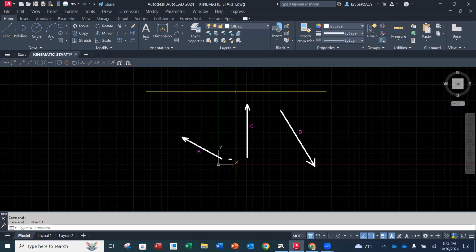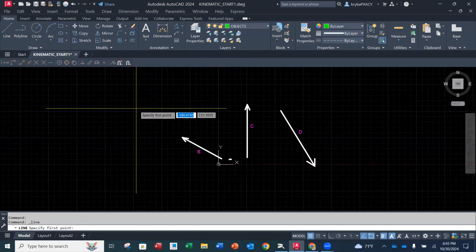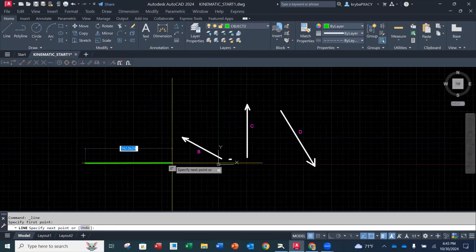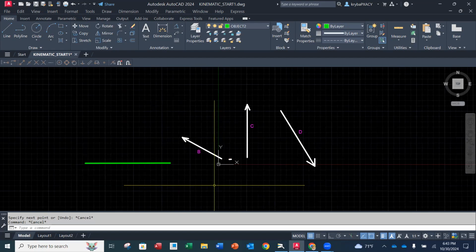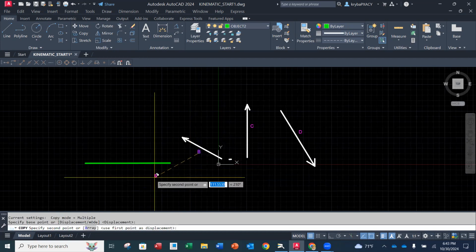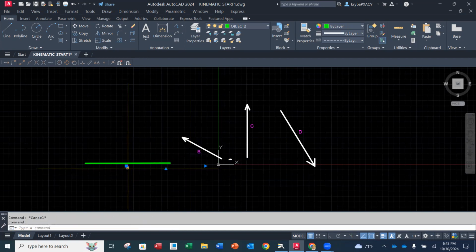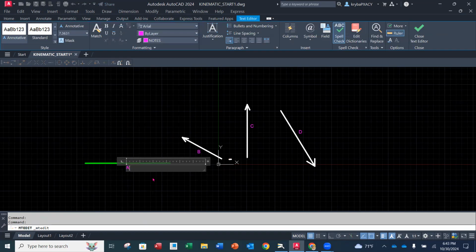Okay. Now what I'm going to do is just draw lines of action for A and E. So I am going to go to object layer 2, and I'm just going to draw a random horizontal line. Okay. And I'm not even going to put arrowheads on it. I'm just going to draw it, and I'm going to copy over B variable, and I'm going to call this A. Okay.